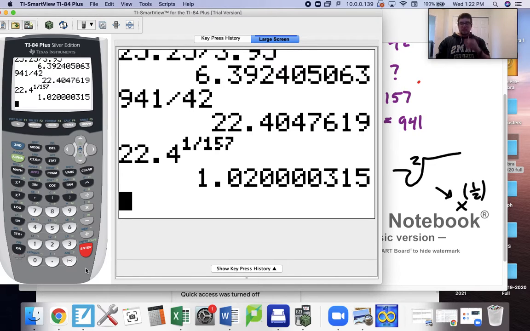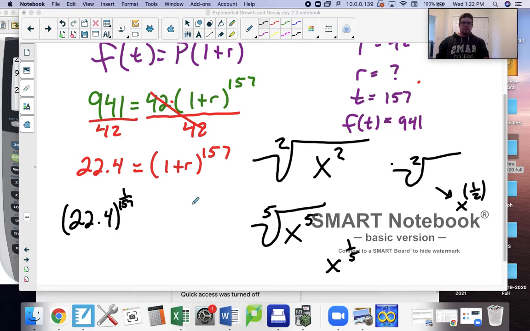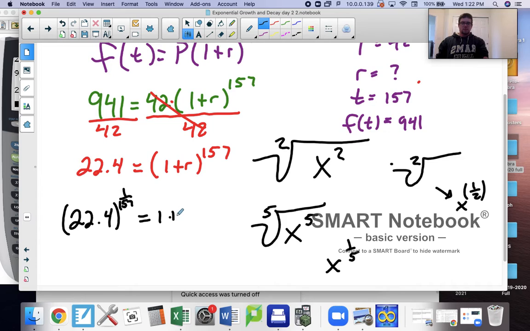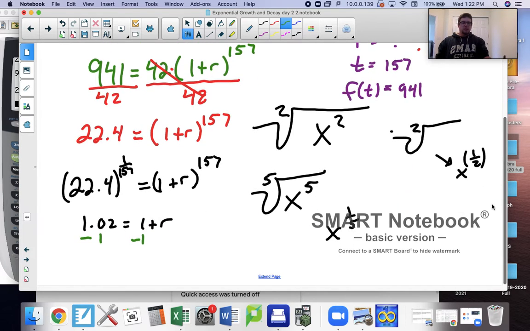That gives us 1.02. We subtract 1 from both sides, and so these spiders are growing at a 2% rate.